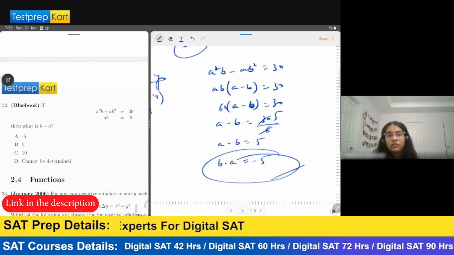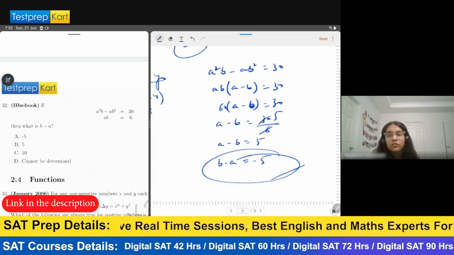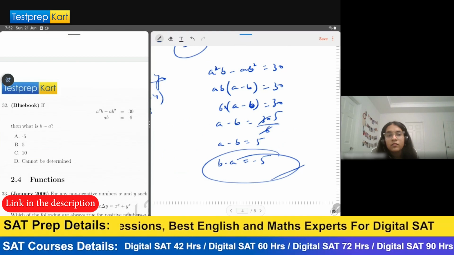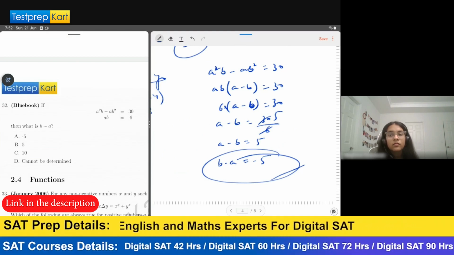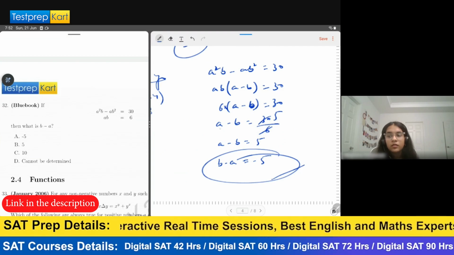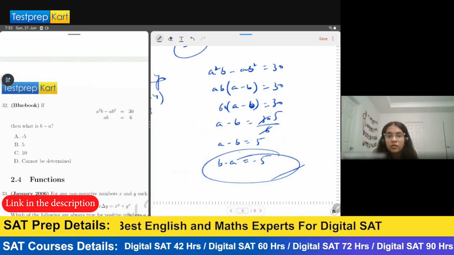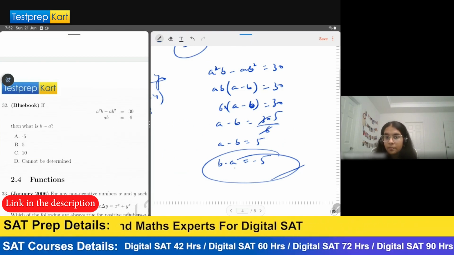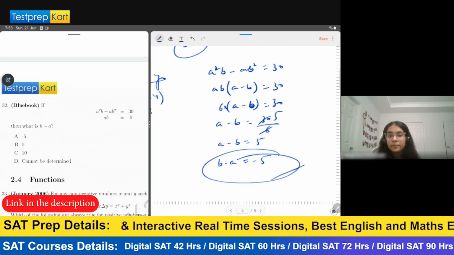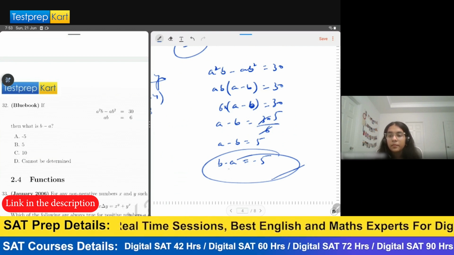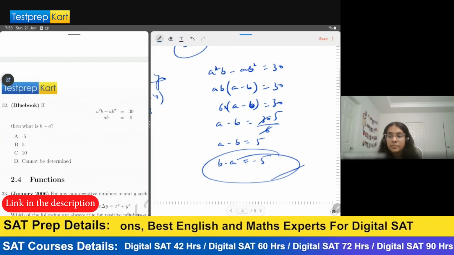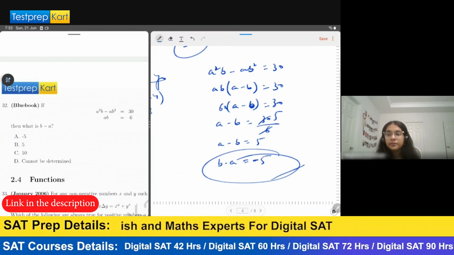This is what happens when you move something to the other side: multiplication becomes division. Okay. Then a minus b was 5 because 30 by 6 is 5. Then if a minus b is 5, b minus a will be -5, because if you multiply both sides by -1, you'll get b minus a is equal to -5. Okay.